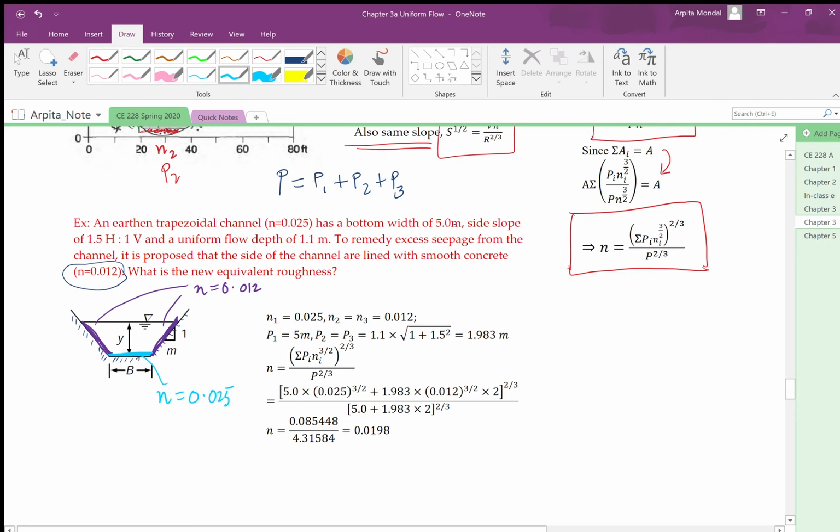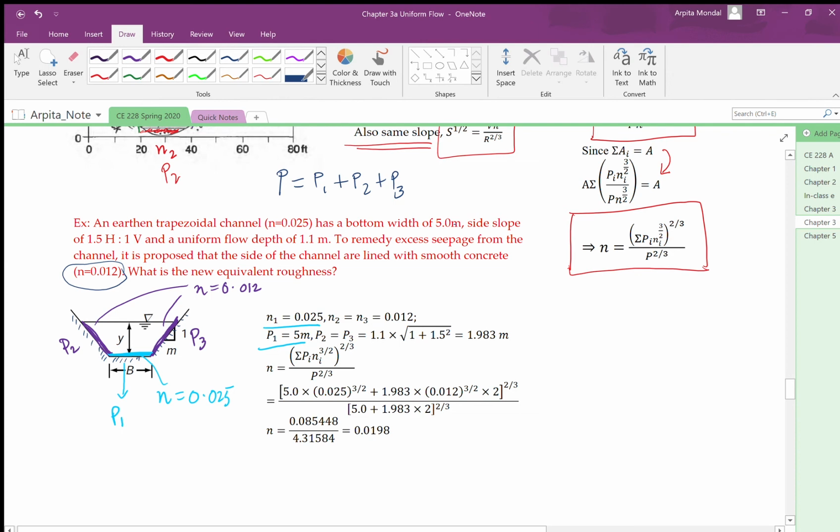That's the question here. So we denote for the bed, we use the subscript 1, and for the sides we use 2 and 3. So for the bed we have N1 noted, and P1 is 5 meters. By using this horizontal to vertical ratio, we can calculate the wetted perimeters P2 and P3. So this is P1, and this is P2, and this is P3. So P2 and P3 we can calculate from geometry using the horizontal to vertical ratio.